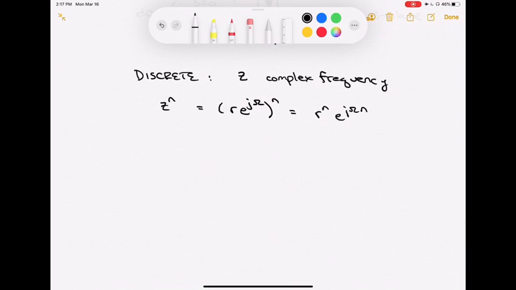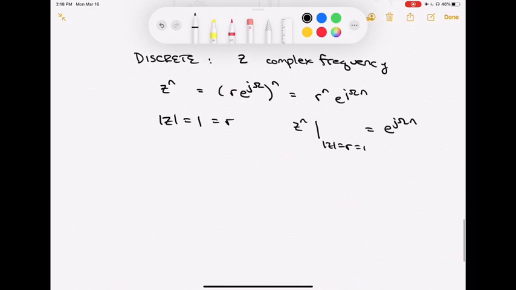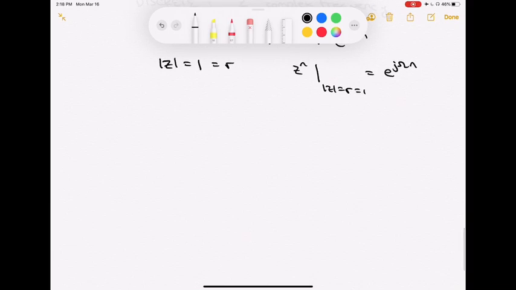So in order to make this z to the n not grow, we need the norm of z to be equal to 1, which really just says that we need our parameter r equal to 1. In that case, when we have norm z equaling r equaling 1, this thing is just purely oscillatory, e to the j omega n. That's where sinusoids are. Sinusoids for the z variable live when r equals 1, norm z equaling 1.